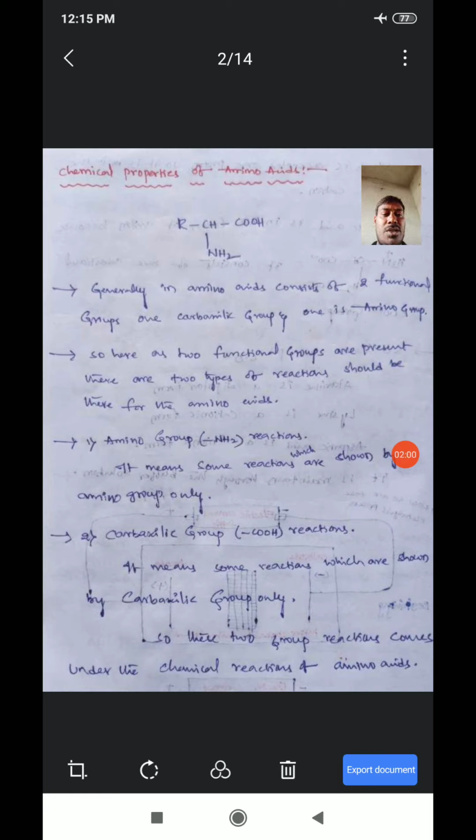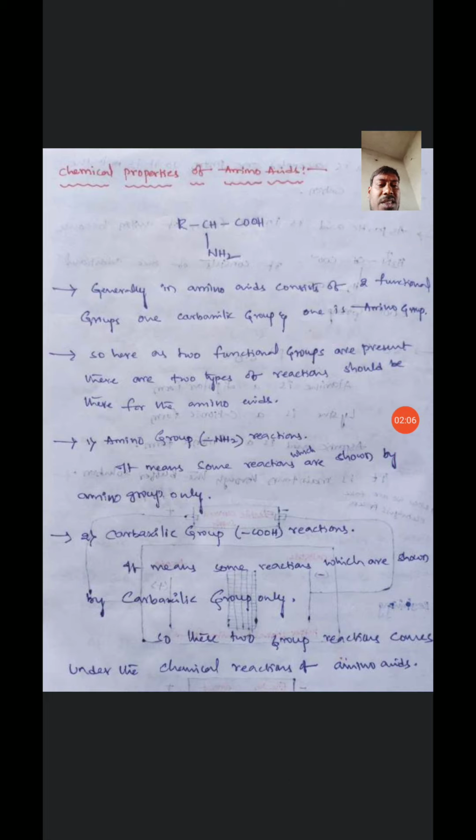These two types of reactions come under the chemical reactions of amino acids.